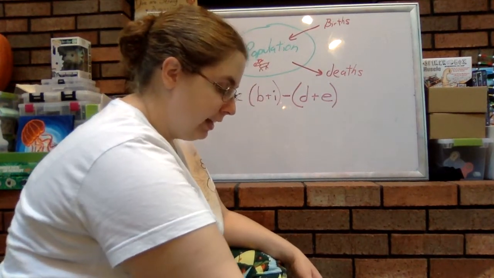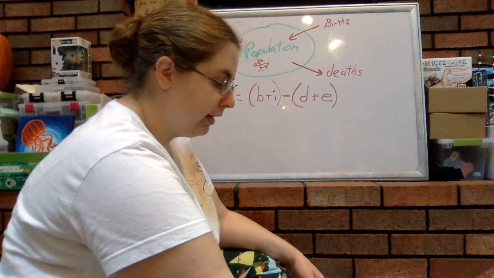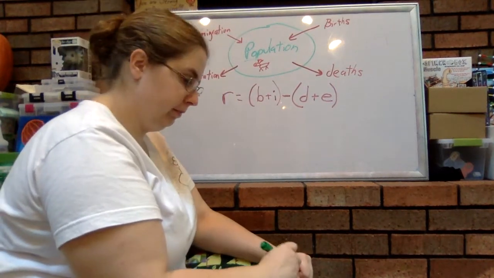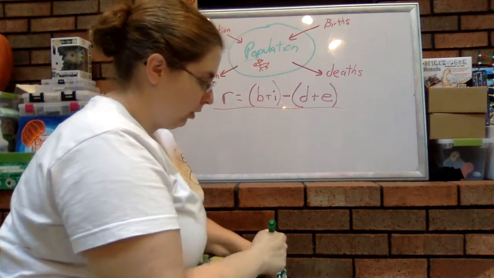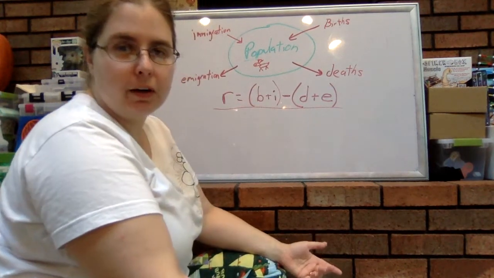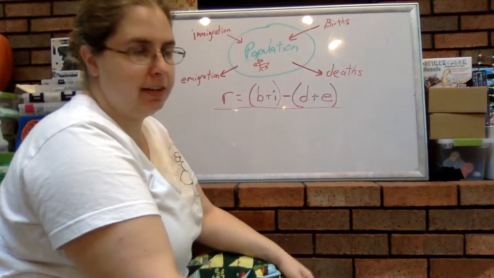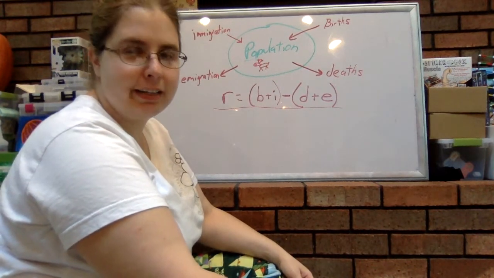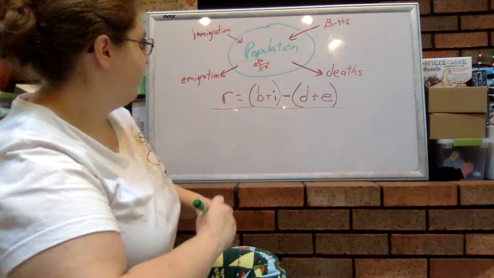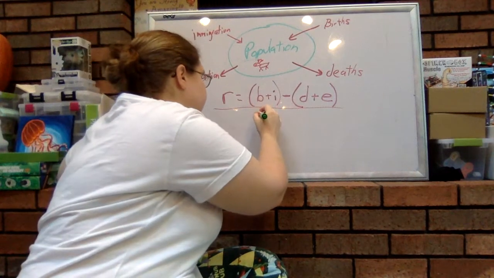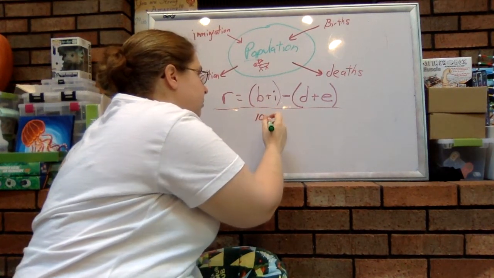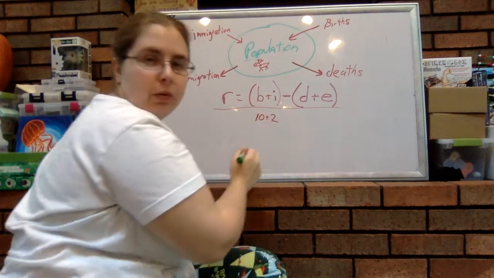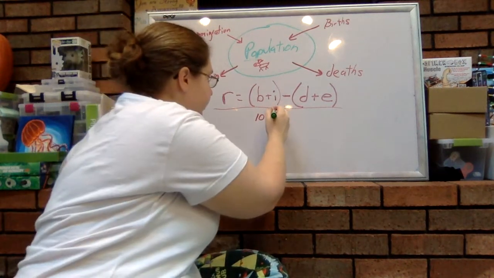So let's say that in the first year, we're recording the number of births, deaths, immigration, and emigration within a deer herd. Maybe there were 10 born plus 2 that entered the herd.